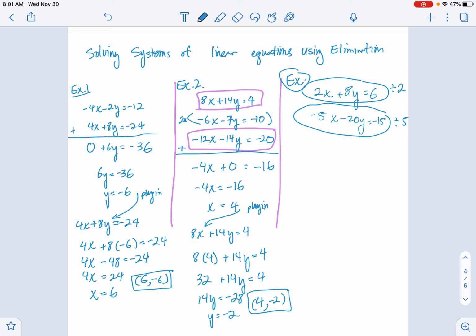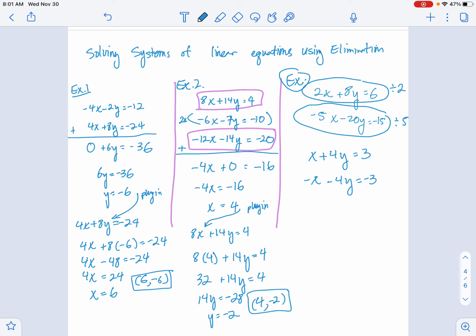So I'm going to divide each of those and simplify it down a little bit. Okay, so my top equation will now be x plus 4y equals 3, because I divided all those numbers by 2. My new equation for the second linear equation is negative x minus 4y equals negative 3.